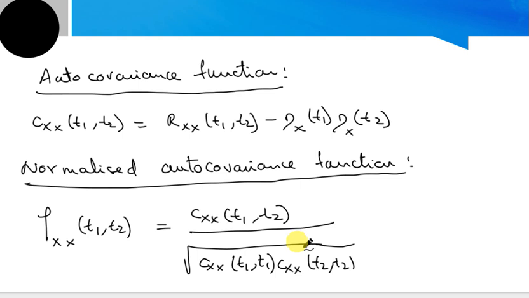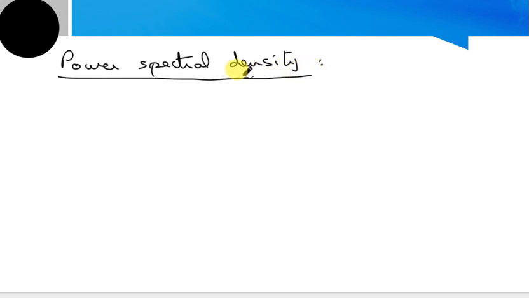Okay. Next, we will have a look at the power spectral density. The power spectral density is got from the autocorrelation function. And how do we get to this power spectral density? We take the Fourier transform of the autocorrelation function.